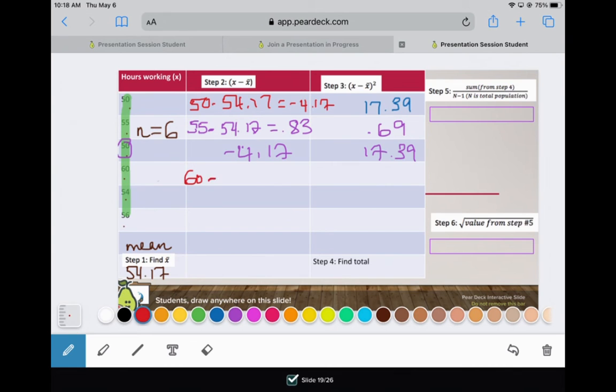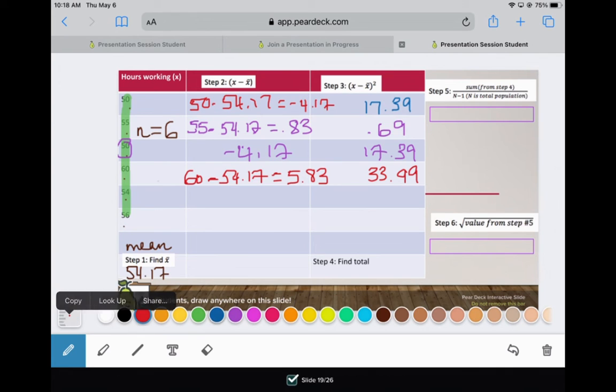60 minus 54.17. Unfortunately, most of the numbers that you get will end up with decimals. It's rarely that you have a nice number, but you can do it. So I square it, that gives me 33.99.